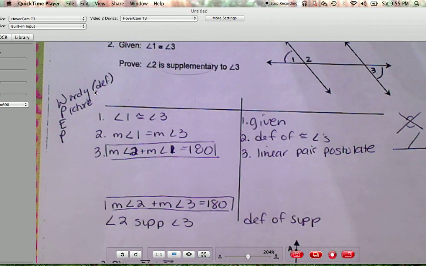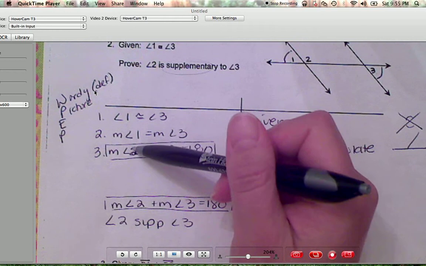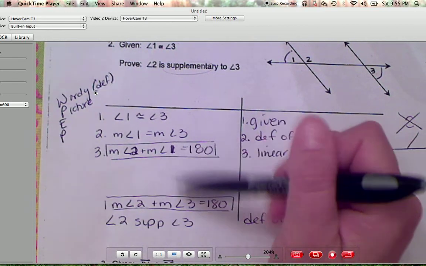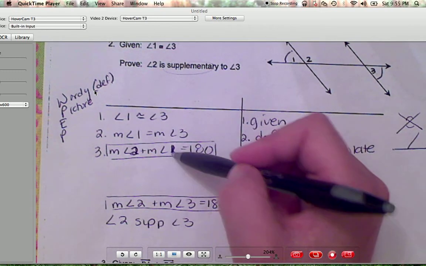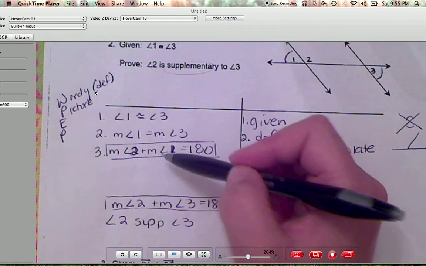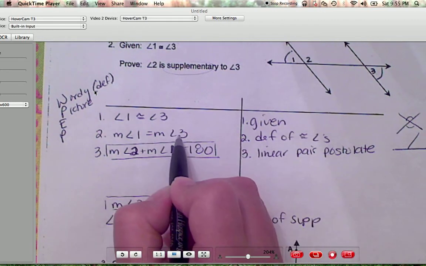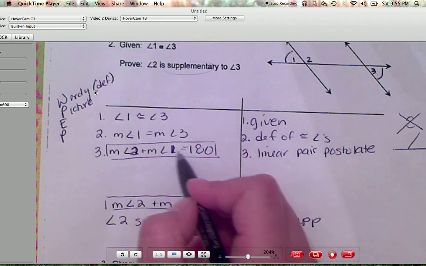If we interchange that, then we can see that the angle 2 is the same, the 180 is the same. The only thing that's changing is the 1 and the 3. And why can we put a 3 in here instead of a 1? That's easy, because they are equal to each other. So as long as they're equal to each other, that means they're interchangeable anywhere in the problem.